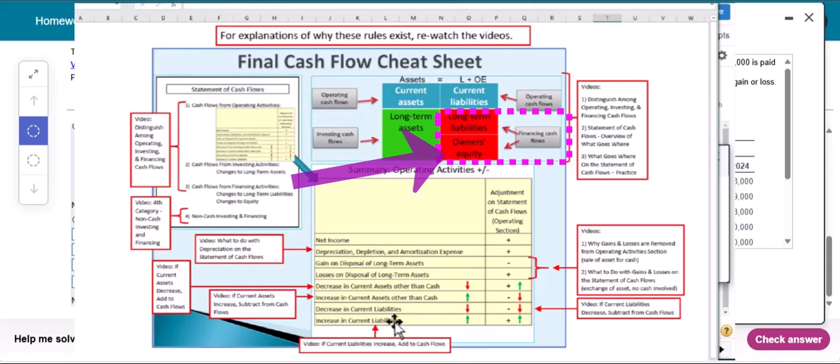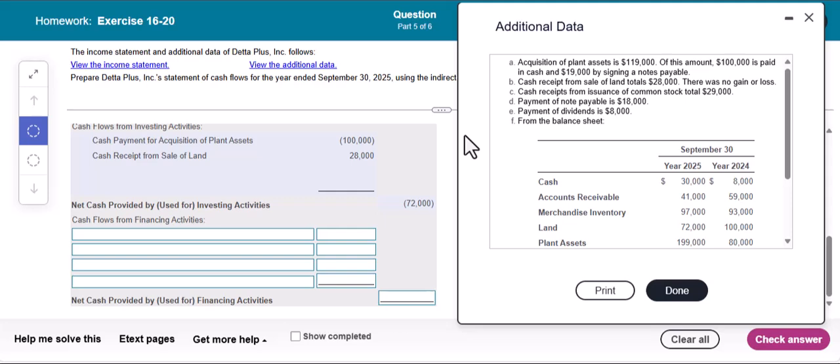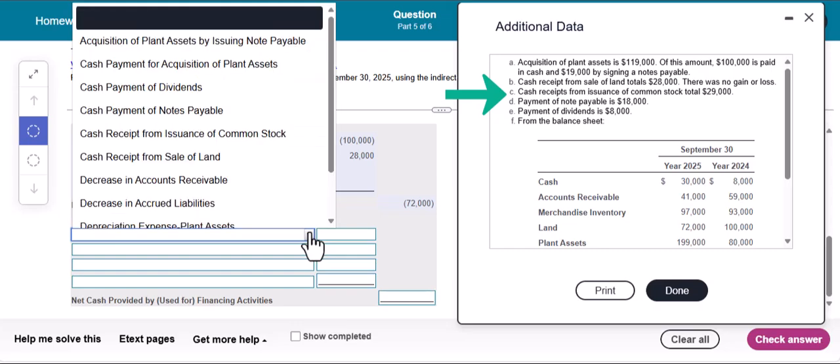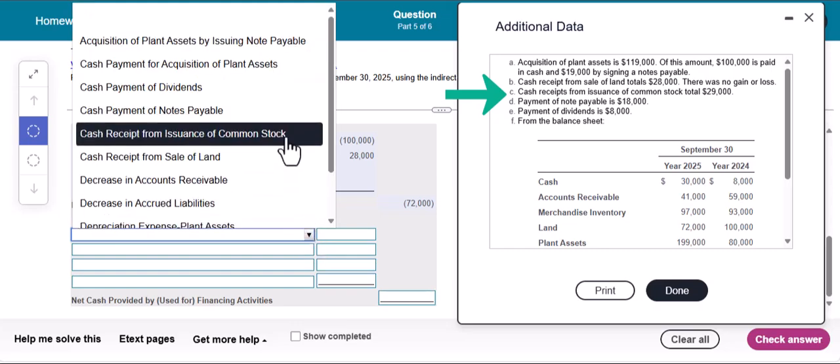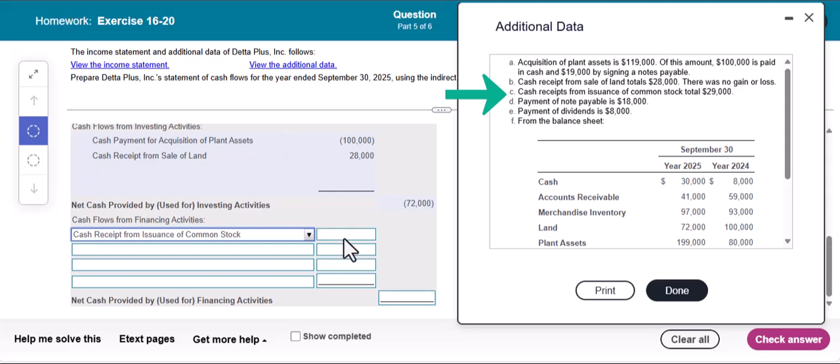And the first one, cash receipt from issuing common stock. Common stock is equity and we receive cash. Well, this is positive. So how much cash did we receive? It tells us right here we received $29,000, and that's positive. So we have cash receipt from issuance of common stock, and that is for that $29,000.